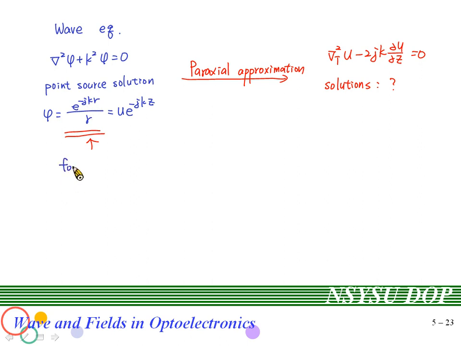We know that the position r can be expressed as the square root of x squared plus y squared plus z squared, which can also be written as z times the following term.